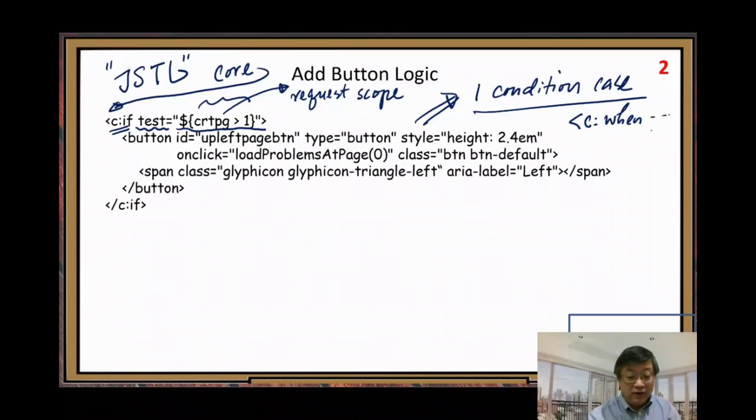Then you put a condition, all right? So C:when, first condition, C:when, second condition, multiple conditions. The last one corresponds to our else case, C:otherwise. So multiple C:when, but the last one is the else part, otherwise.